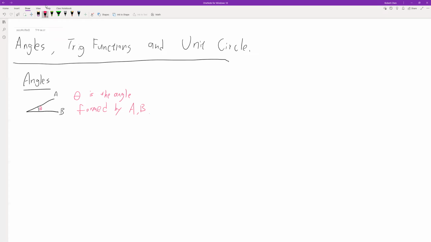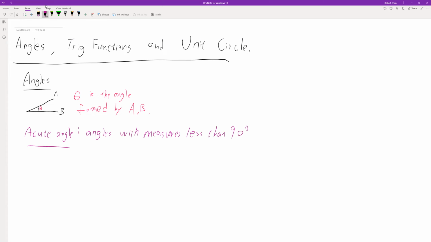So since many of you have taken some sort of geometry or trig class before, I'm going to go over this real fast. So two types of angle. We have acute angle, which is an angle with measure less than 90 degrees.